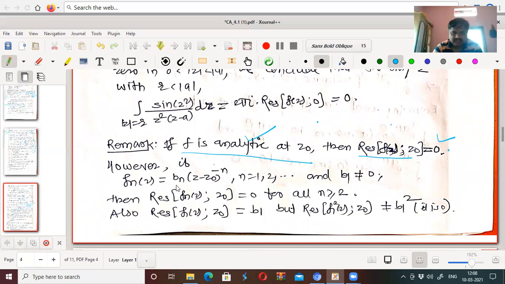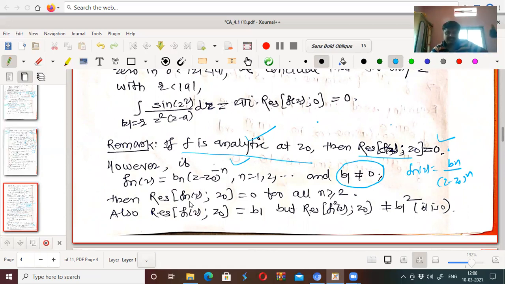However, if f_n(z) is b_n into (z - z0) to the power minus n, that means f_n(z) equals b_n upon (z - z0)^n, and b_1 is not equal to 0. That is, there is a coefficient b_1, which means b_1 upon (z - z0) is there. That is f_1 of z.